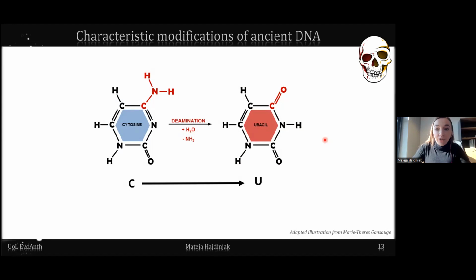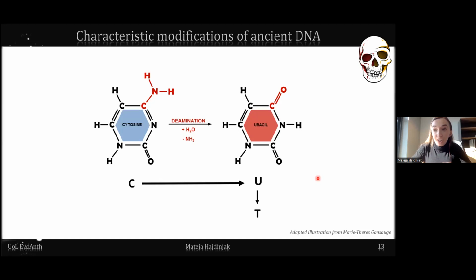Those modifications stem from the deamination of DNA cytosine bases into uracil bases. And those uracil bases are actually recognized as thymine bases by DNA polymerases that we use in the lab when we are copying molecules of DNA and creating so-called DNA libraries that I will explain to you in a little bit.